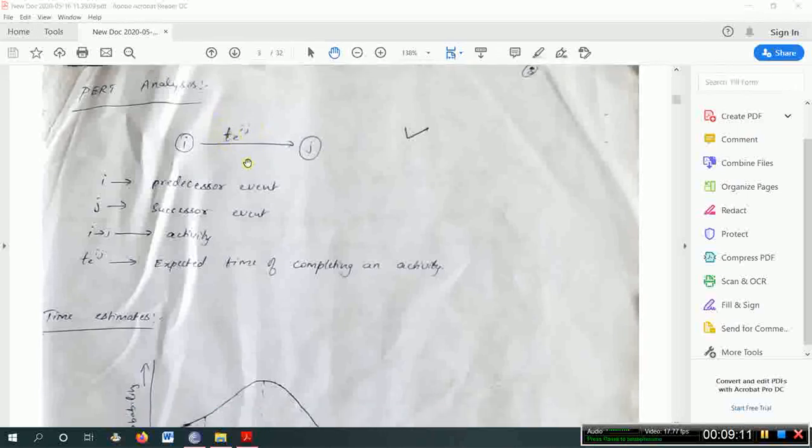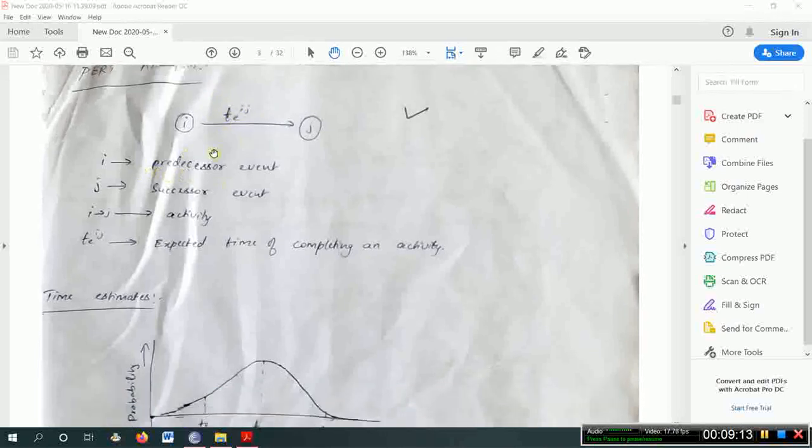That is called teij. i is the predecessor event, the starting event, and j is the successor event, the end event. i to j is the activity. To start this activity we have the starting event, and to end the work we have the end event. teij represents the expected time of completing an activity.